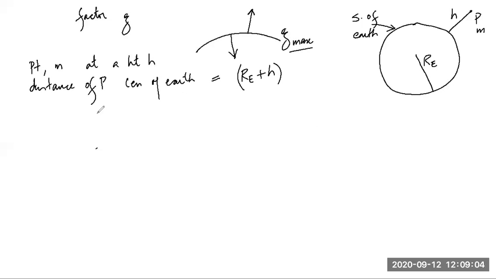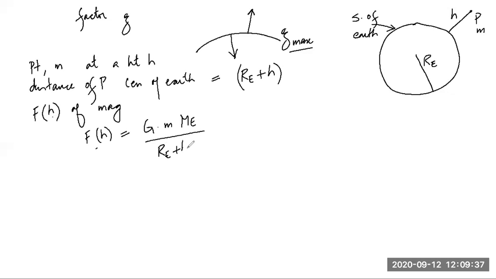Now see, force F of h, force is a function of height, of magnitude F of h is equal to G into the point mass m into mass of earth divided by (R E plus h) whole square.